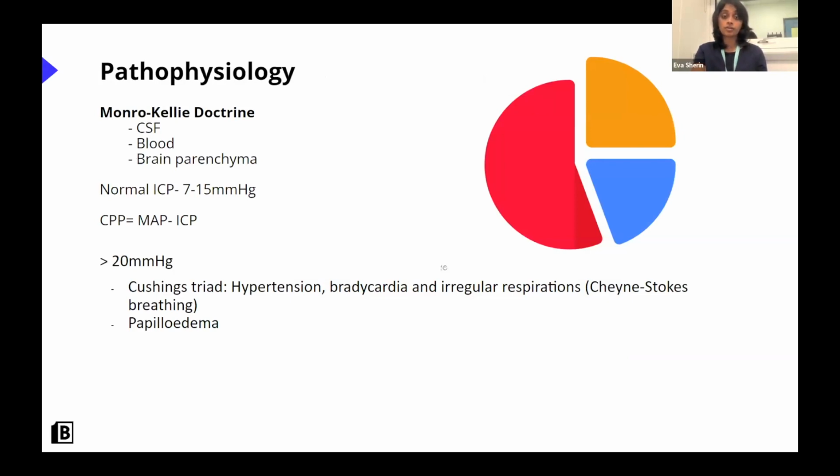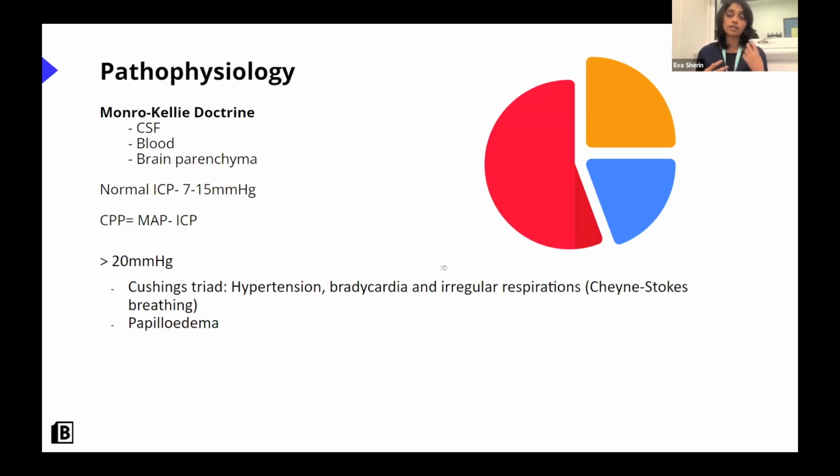Pathophysiology: the Monro-Kellie doctrine is something that I think everyone should be aware of. The Monro-Kellie doctrine basically says that your brain and skull are like a box. Inside the box, you've got your CSF, blood, and brain parenchyma. The concept is that the box is a closed box with one input to feed it, and you've got all three of them coming through that.